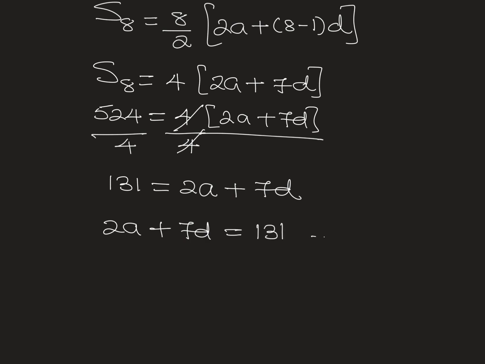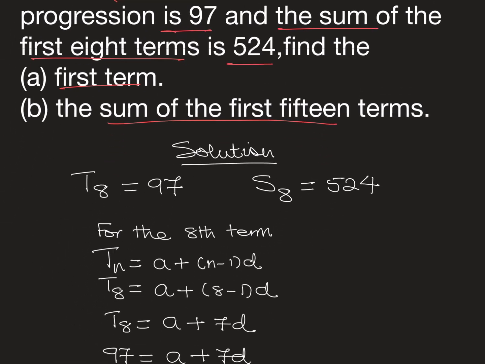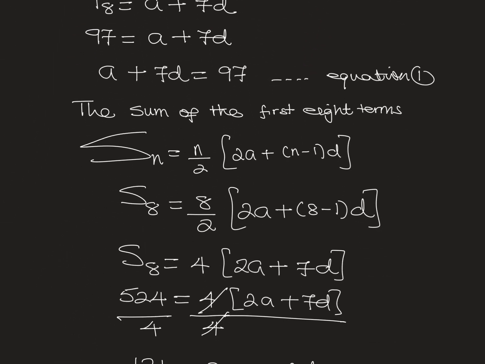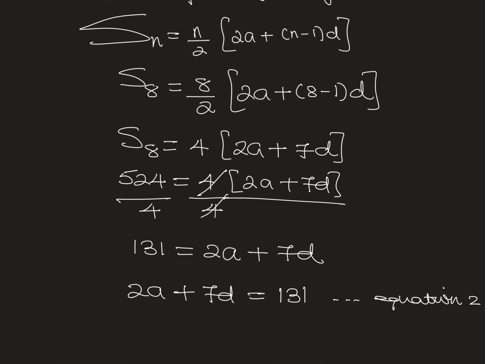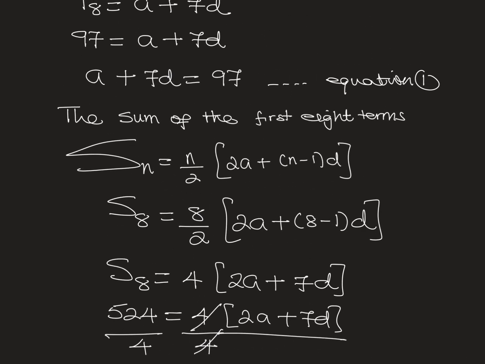We can call this equation 2. Now, if I want to find the first term, let me make the common difference the subject of the formula for the first equation first, then substitute that in the second equation.